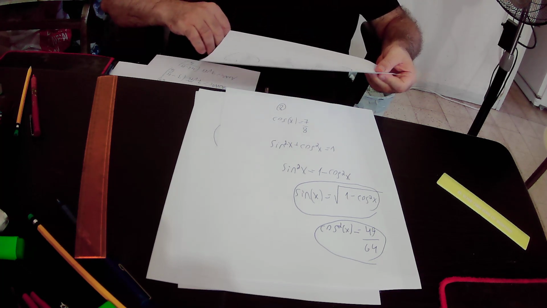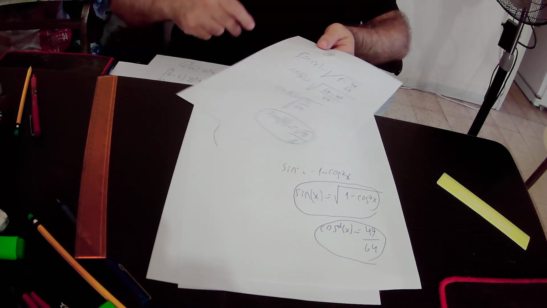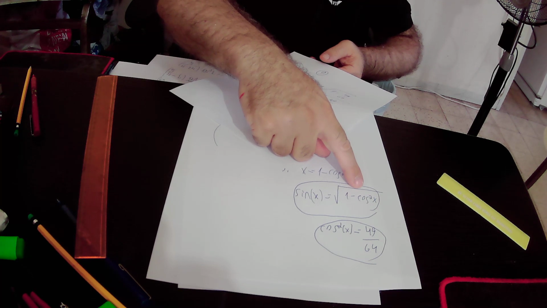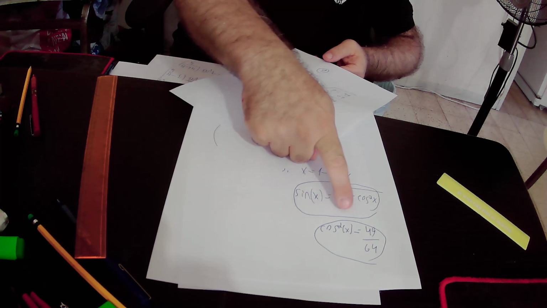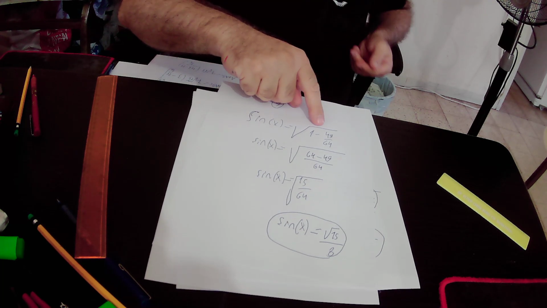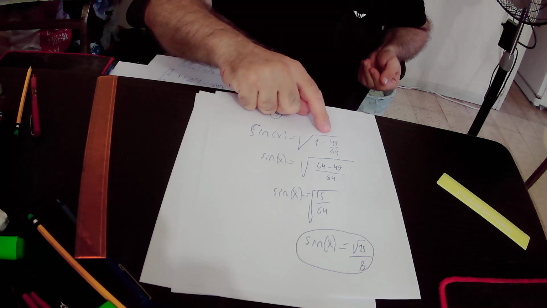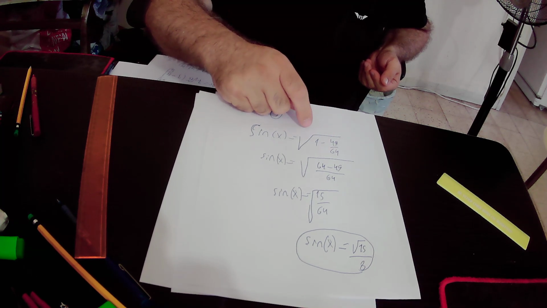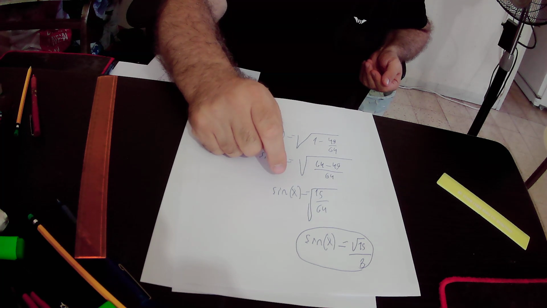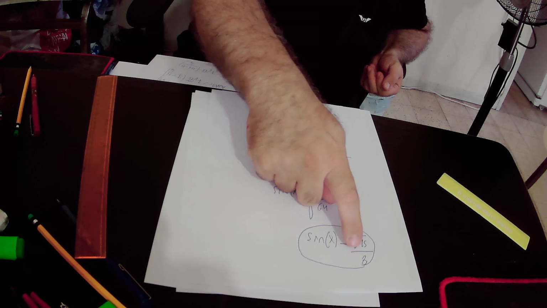So we got that sine x equals the root of 1 minus cosine squared x. We know that cosine squared x equals 49 over 64, so we substituted it, and we got this equality that states that sine x equals root 15 over 8.